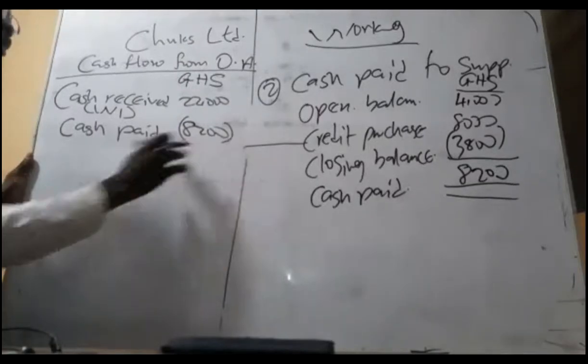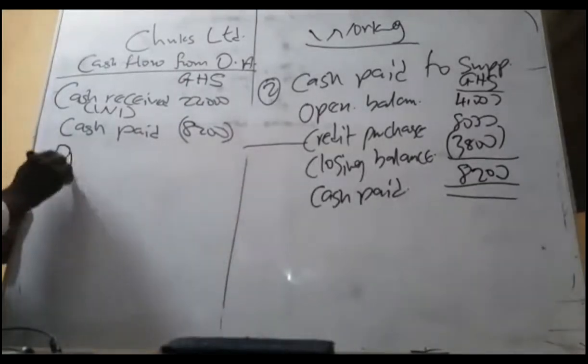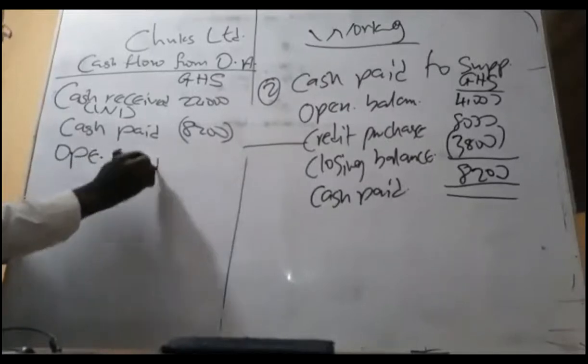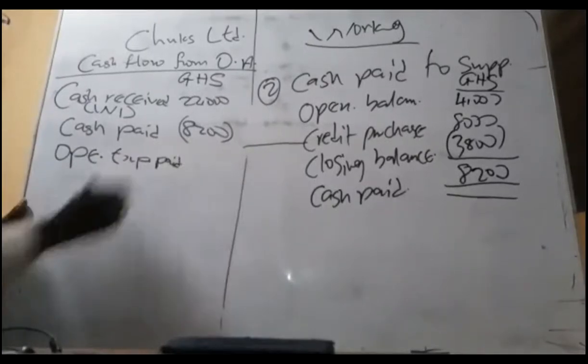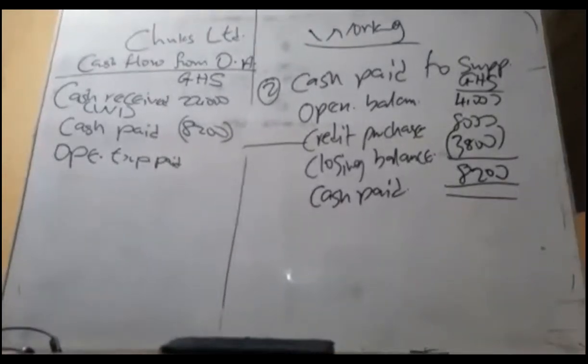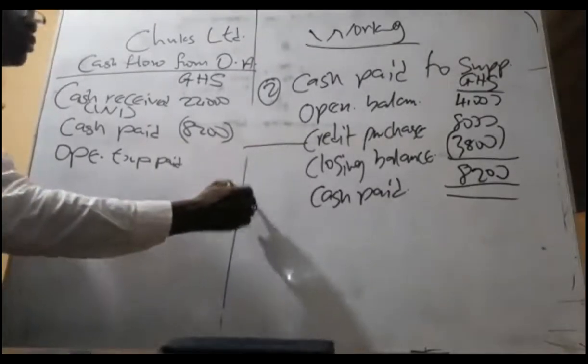But let's continue again. Let's go to operating expenses paid. So that will be workings number 3.